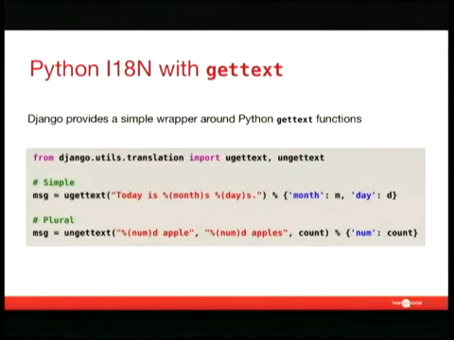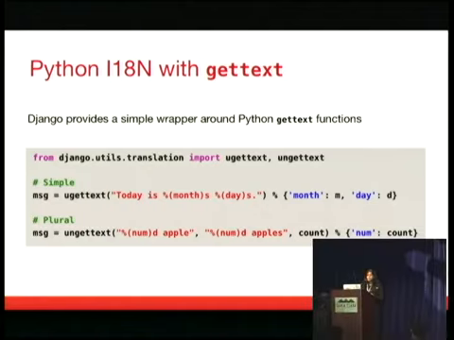So the use of the gettext module is pretty straightforward. Django provides a really simple wrapper around the gettext functions that Python provides. So you simply import this from the utils translation package in Django. And you should be importing the ugettext function because it helps support Unicode strings. And given that Python 3 is going to be all Unicode, that's probably what you should be using.